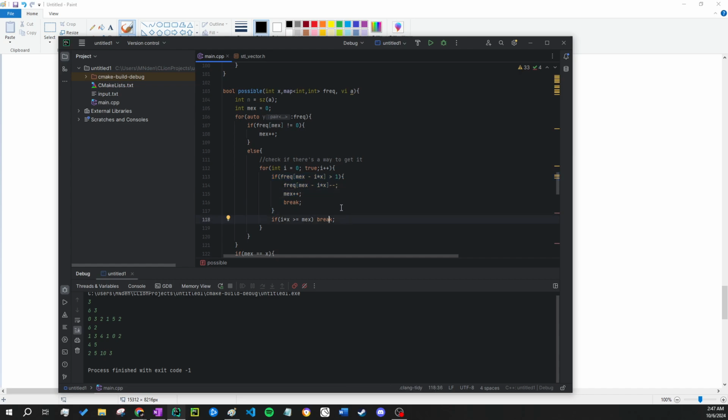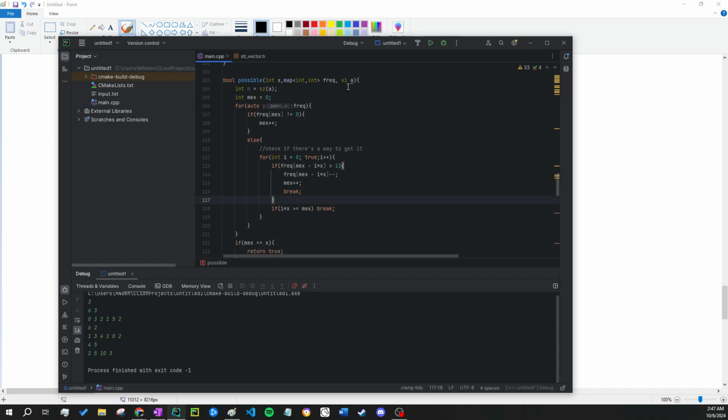And if there isn't, it's eventually going to fall here. Yeah, I think this works, right? I just have to visualize it. Yeah, it should work.